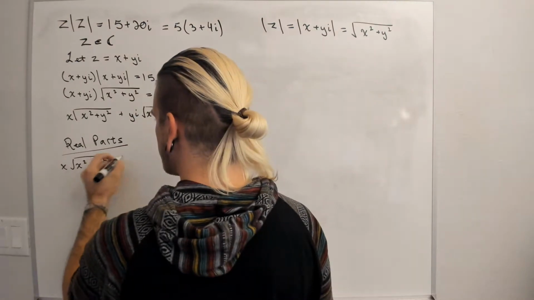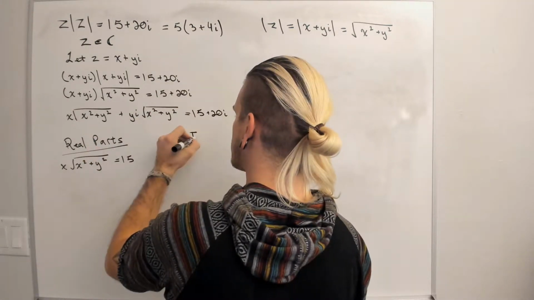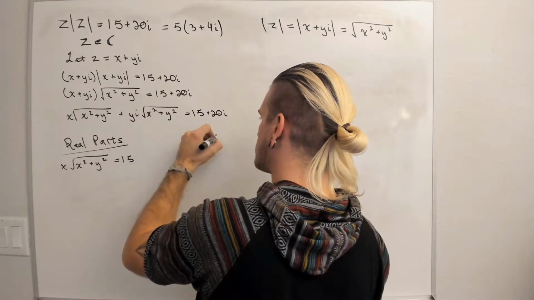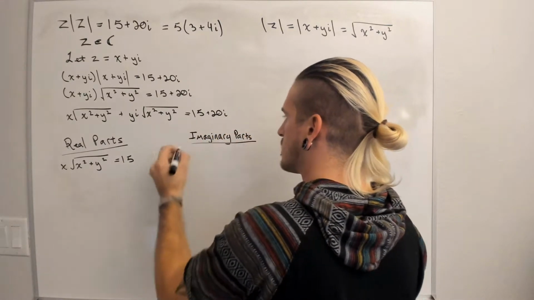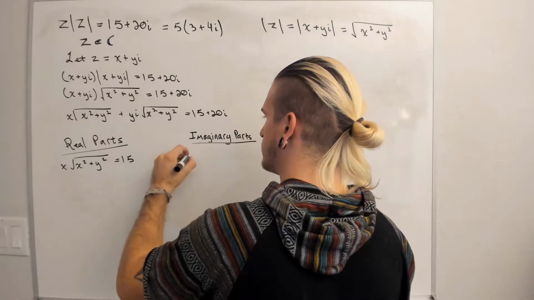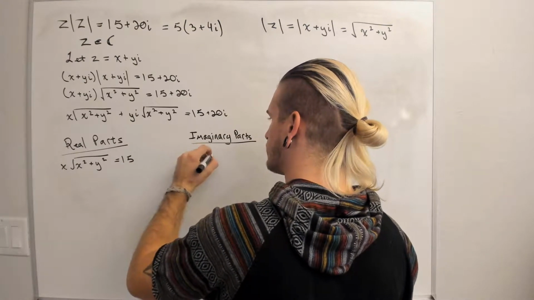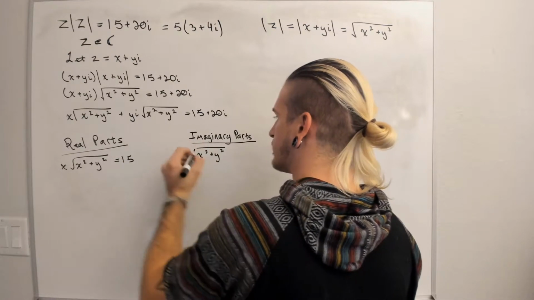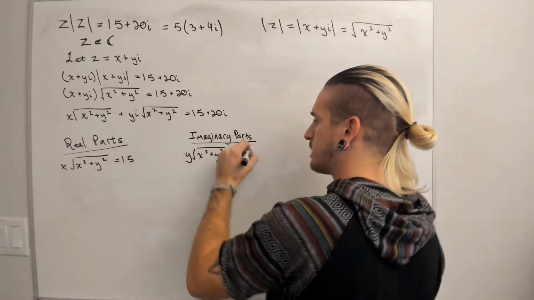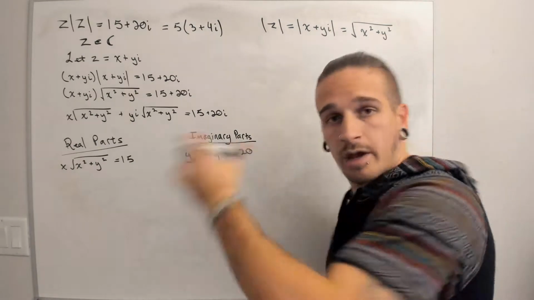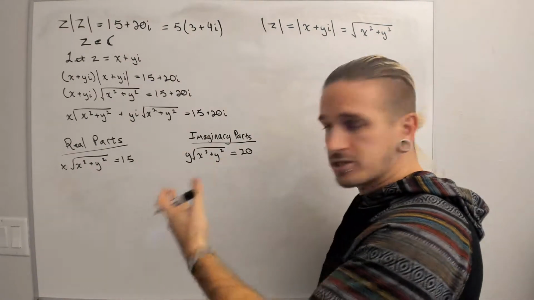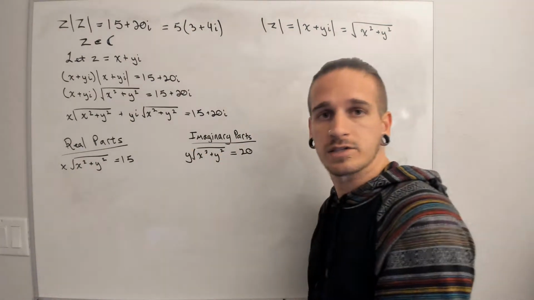I'll do the same thing with the imaginary parts. On the left side, that would be y times the square root of x squared plus y squared, and that's going to correspond to 20 on the right side of the equation. Good. So now we have a system of equations we can use to solve for x and y.